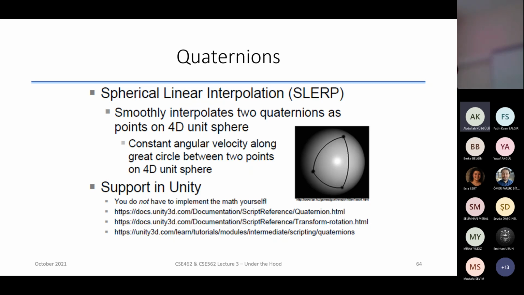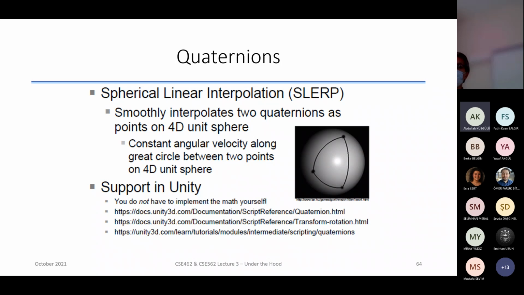Now, one of the advantages of quaternions is that you can do spherical linear interpolation, slerp. This allows you to smoothly interpolate 2 quaternions as points on a 4D unit sphere, leading to constant angular velocity along a great circle between 2 points on a 4D unit sphere. This is nice especially when you do animations, where you want to interpolate rotations between 2 waypoints.